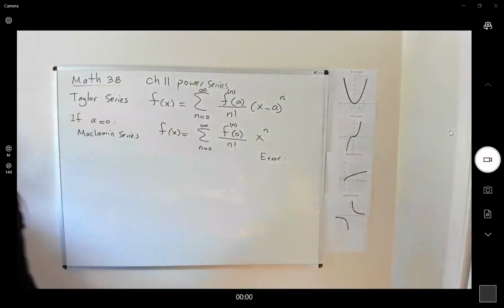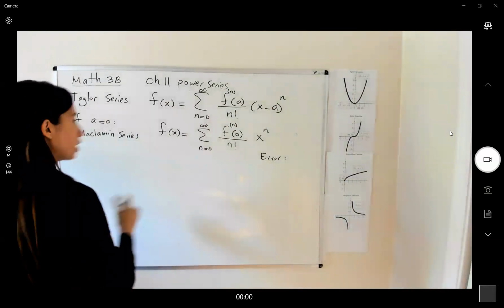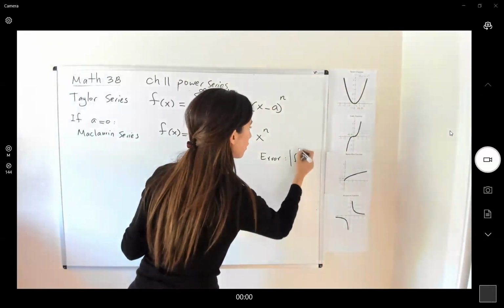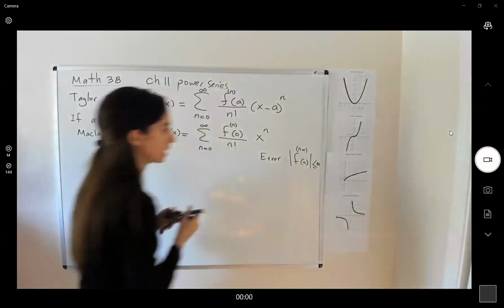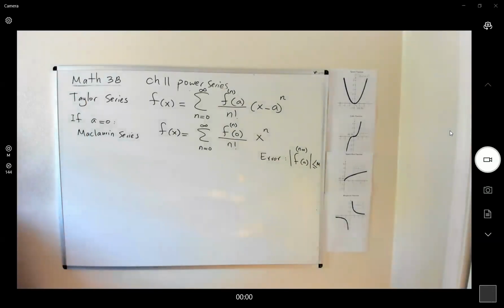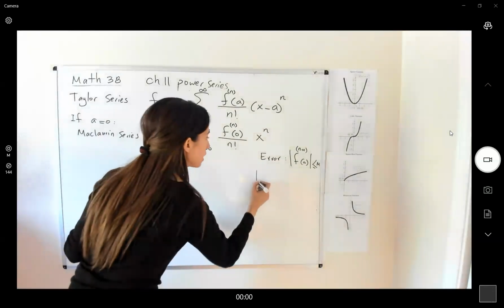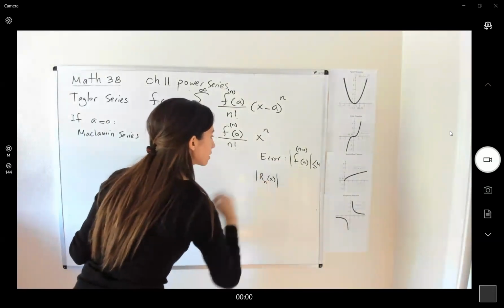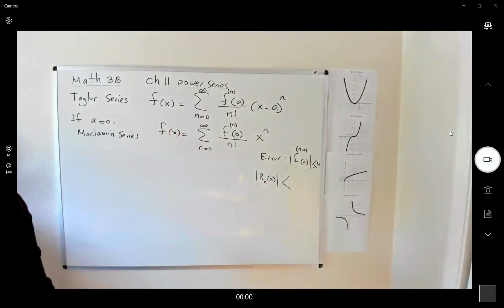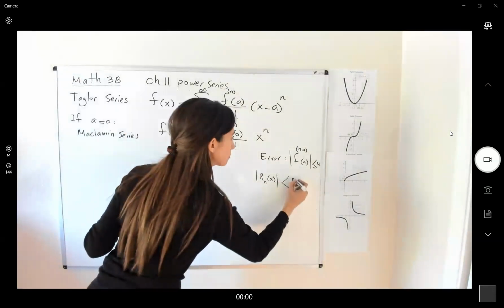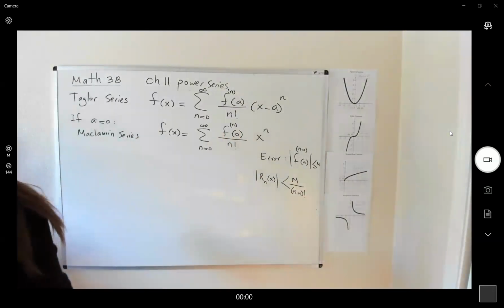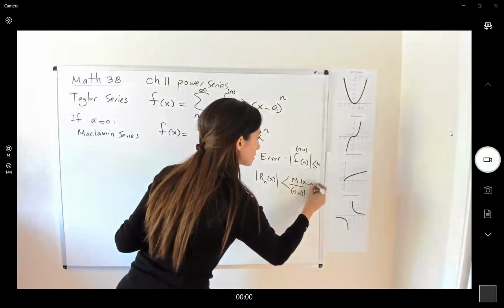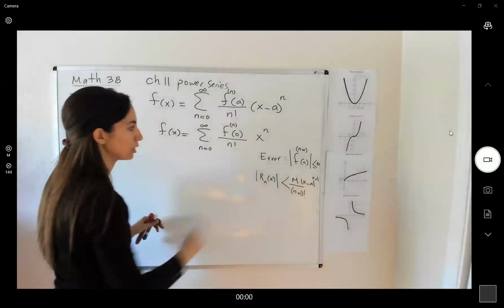To estimate this error, suppose the n plus 1 derivative of the function is less than or equal to a constant M. Then the error function, or the remainder R_n(x), is less than M divided by n plus 1 factorial times the absolute value of x minus a raised to n plus 1.